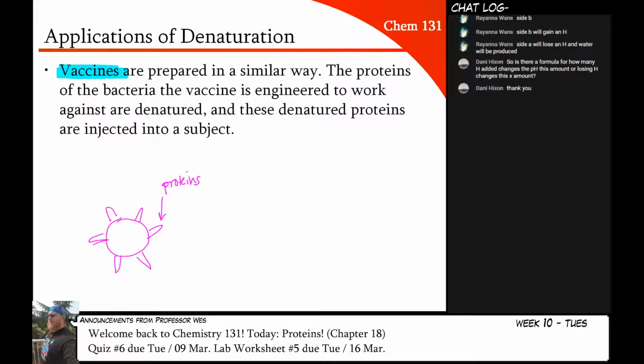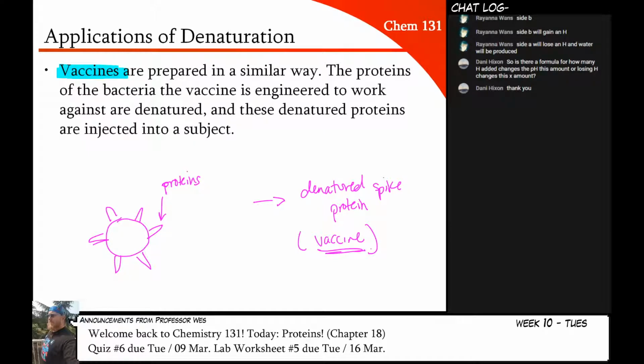And so what we can do is we can create a denatured spike protein. And even though it has the same primary structure as the viral protein, it doesn't have the same tertiary structure because the protein's been denatured.